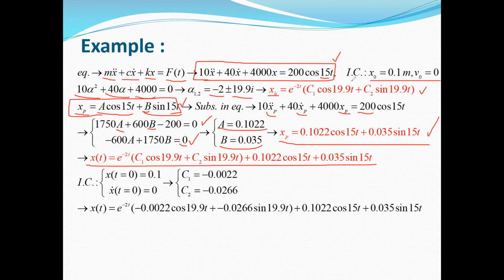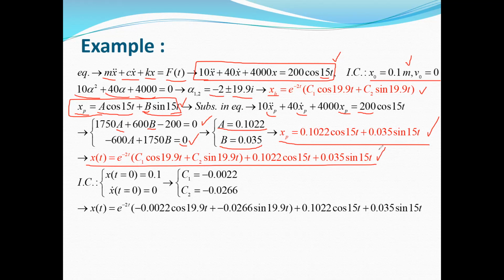Sometimes the students, when they want to obtain C1 and C2, use this initial condition and apply it to the XH and find C1 and C2. But in fact, these initial conditions must be applied to the total response, to this x(t), not to xh.